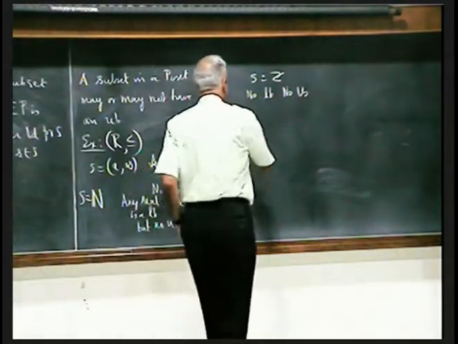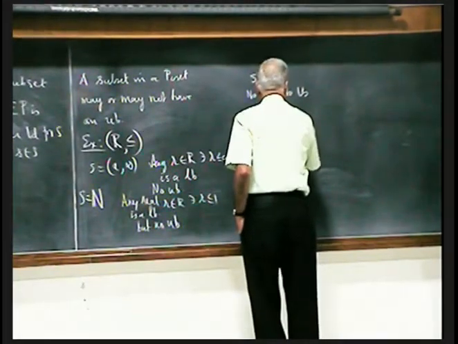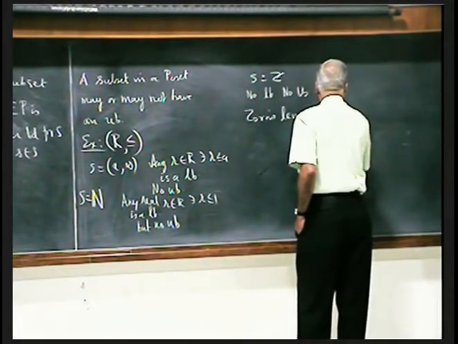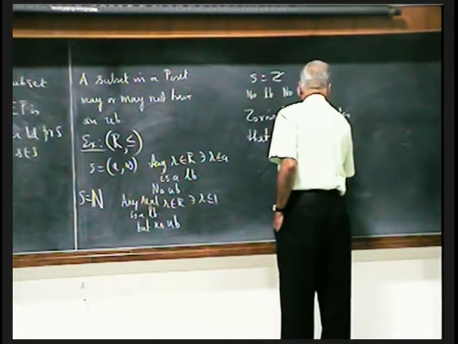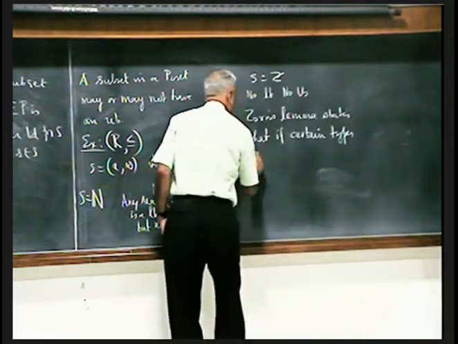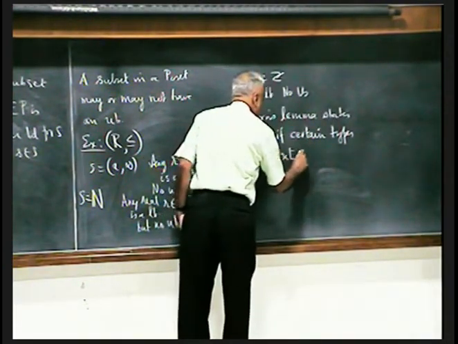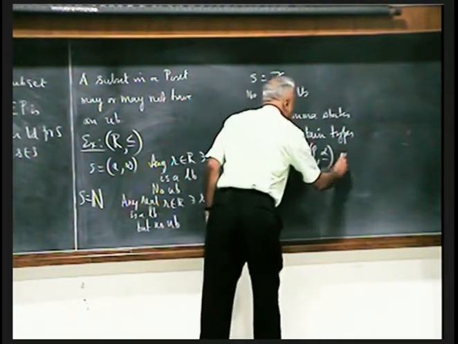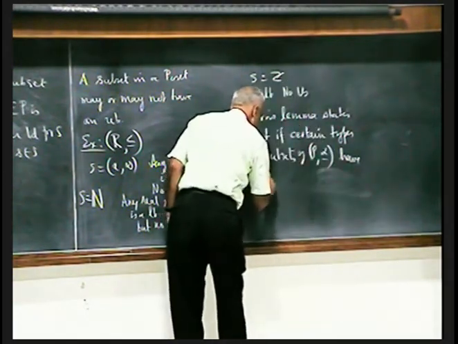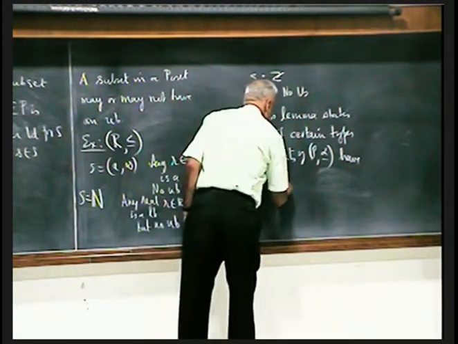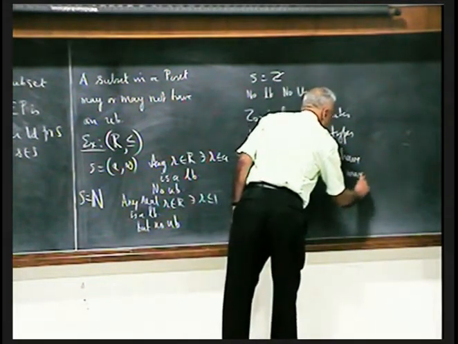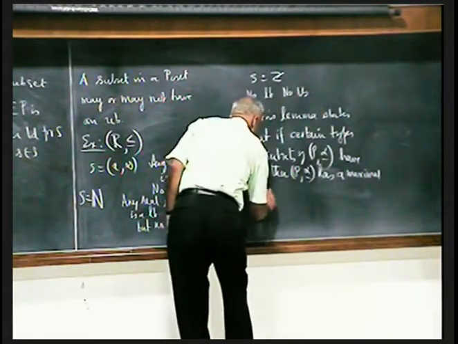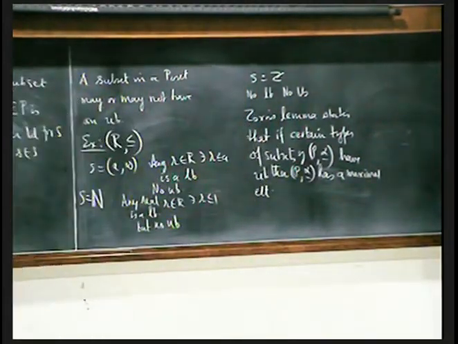So, Zorn's lemma says that if certain types of subsets of P have an upper bound, then P has a maximal element.